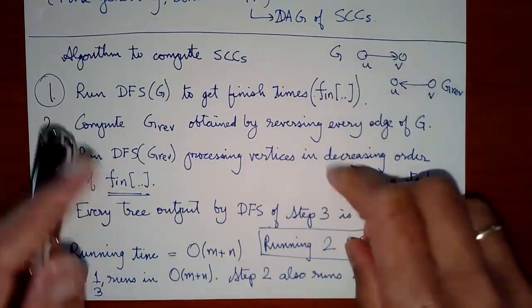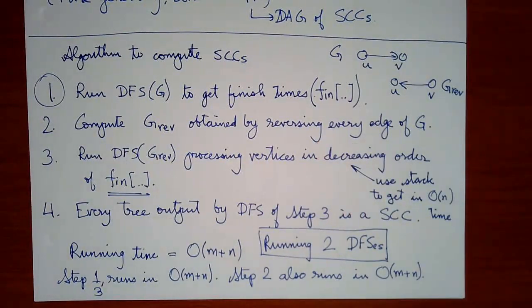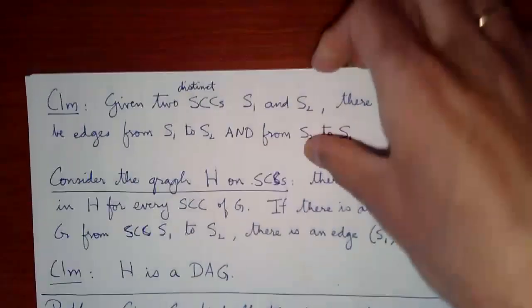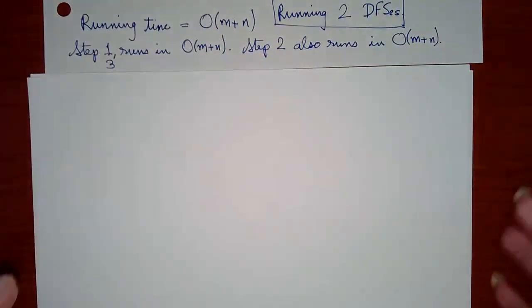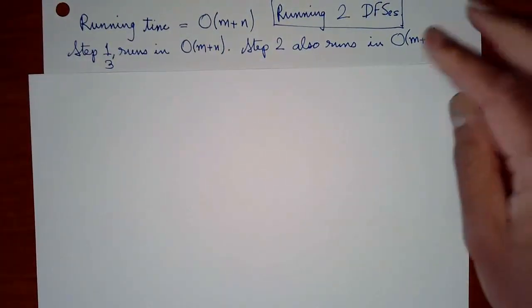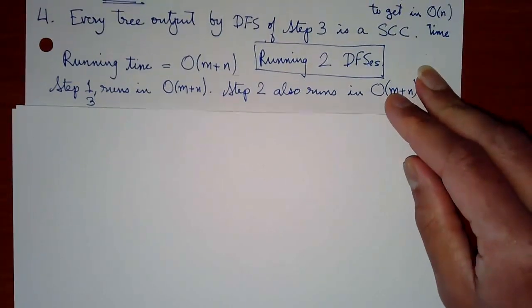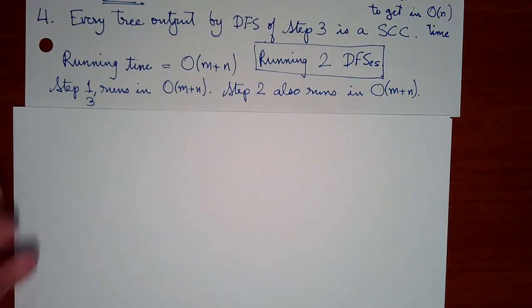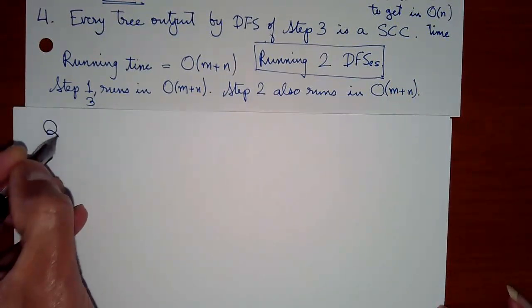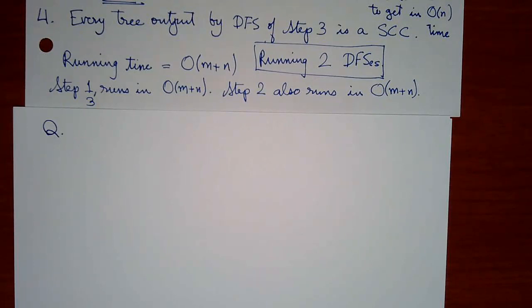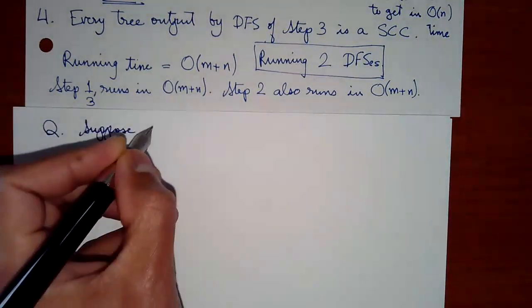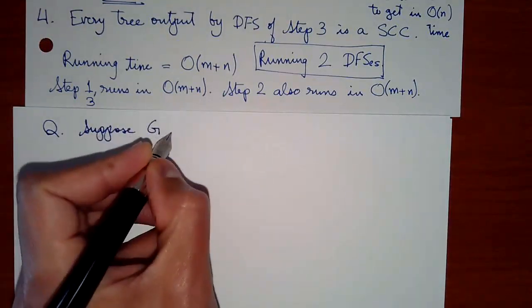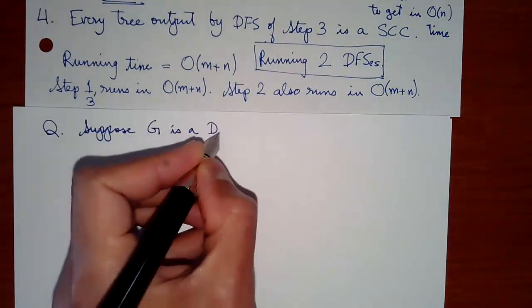All right. So let's just give ourselves some understanding. I think that once you see this, things should be clear. Let me first ask you a question. Suppose G is a DAG.